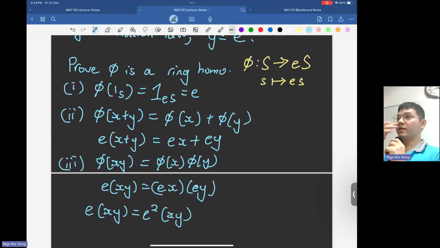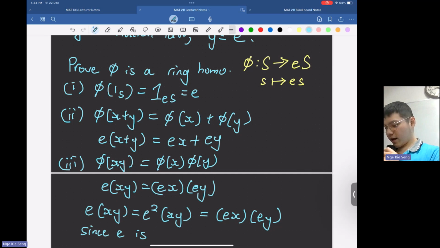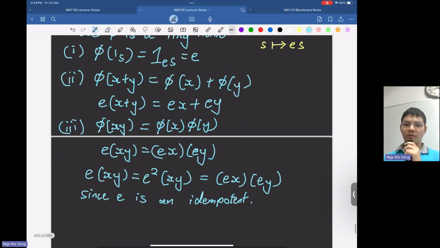Okay, and then you can use commutativity and associativity to rearrange to Ex times Ey. Okay, so you can see the importance of E being an idempotent here, so that this ring homomorphism is satisfied.